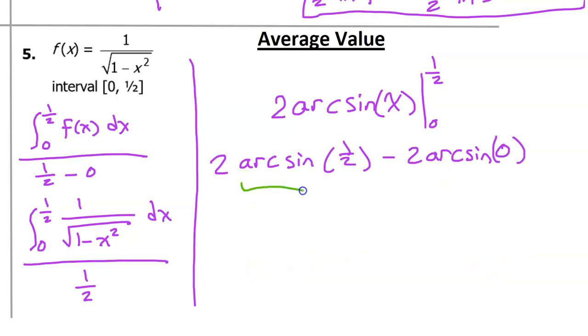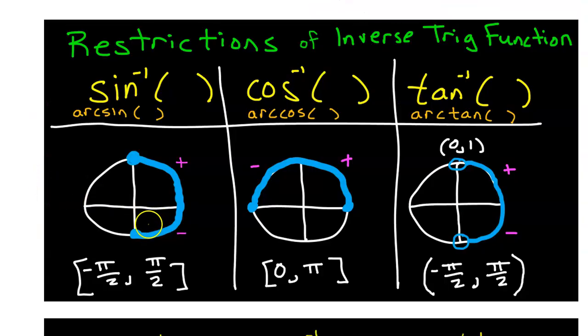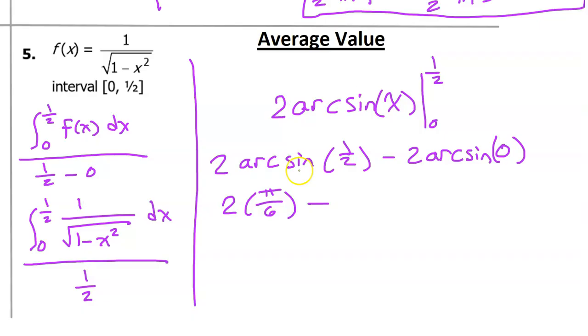To evaluate arcsine 1/2, ask yourself the sine of what angle is equal to 1/2. The first thing that pops into your mind should be pi over 6. There are other answers that would give us 1/2, but inverse sine has the following restrictions. It only exists between negative pi over 2 and positive pi over 2. So the only possible answer is pi over 6.